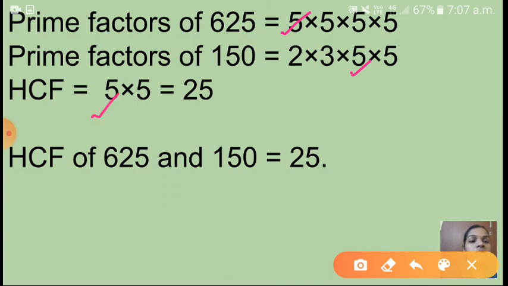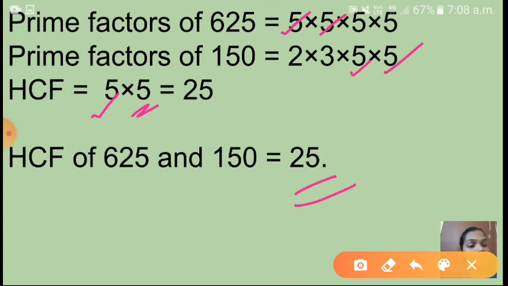Okay. So 5 I have written here. And again this 5 is common. So one time I have written here. That means 5 into 5. HCF is equal to what? 5 into 5, that is 25. Okay. So HCF of 625 and 150 is equal to 25.